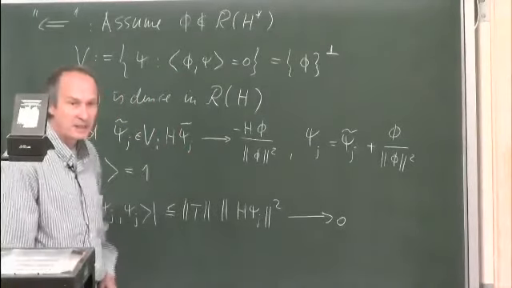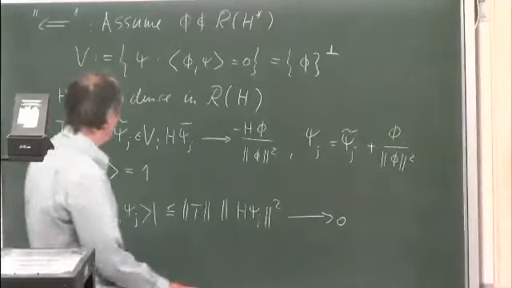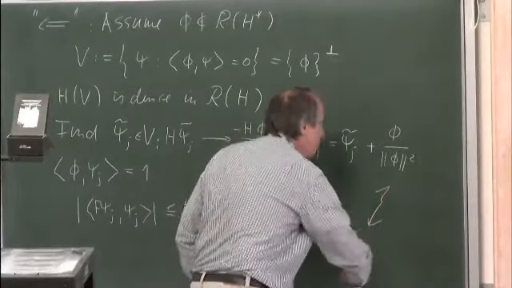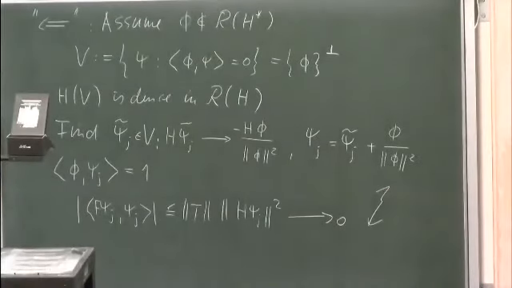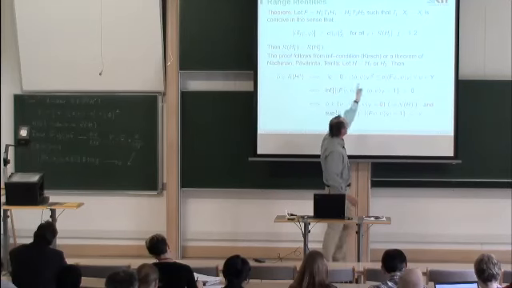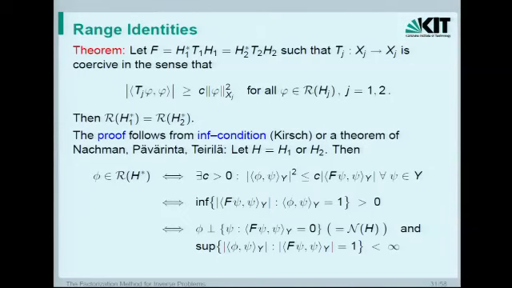So that tends to 0. So we have seen this is a contradiction. We have seen that is 1, and that goes to 0. It can't be. Okay, so this is my way to prove it. You did it differently in your paper.